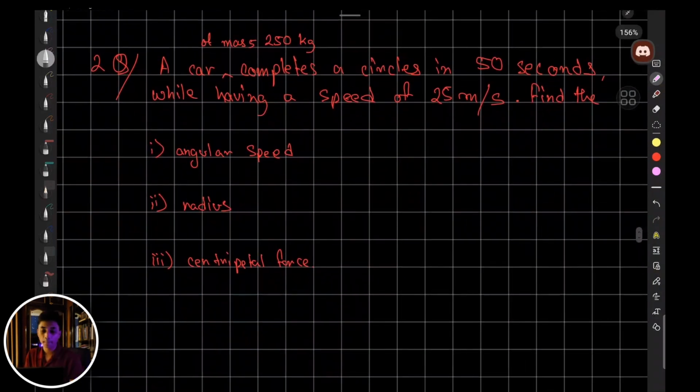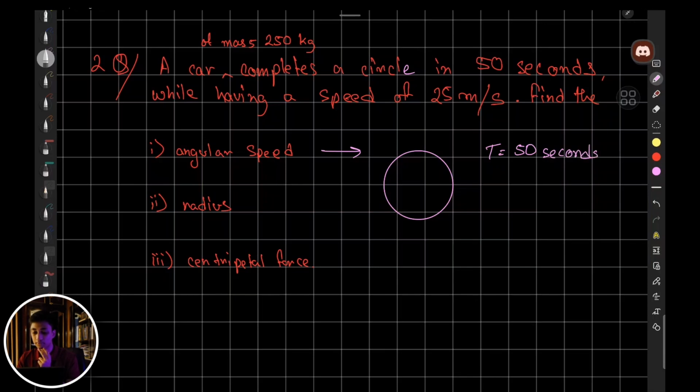Second question. A car of mass 250 kg completes a circle in 50 seconds while having a speed of 25 meters per second. Find the angular speed. Okay, so for this, let's say a car is completing this circle and the time period is 50 seconds.